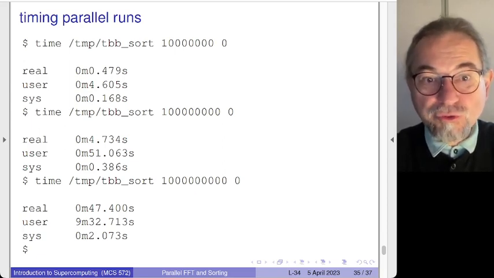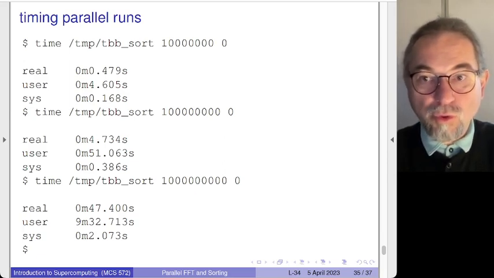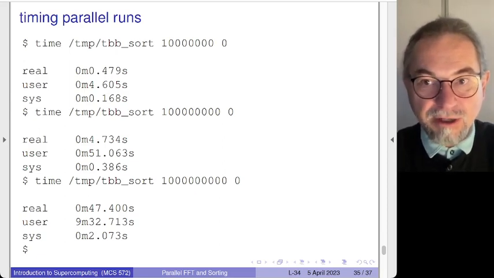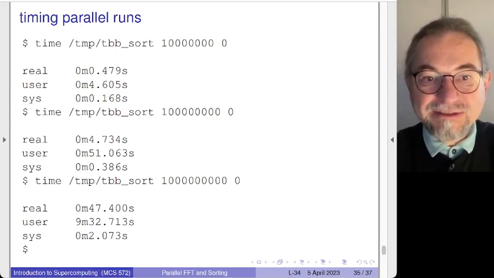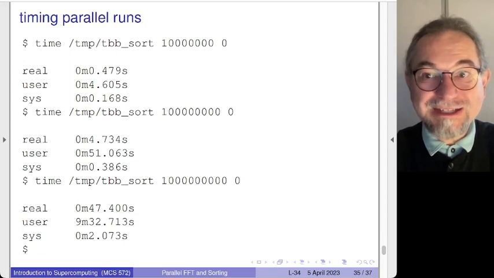You see that the user time actually significantly increases. What that actually means is that the CPUs, so the dual core, 16 cores in total, are actually working extremely hard here. Also, the system is quite busy with the allocations of the memory.